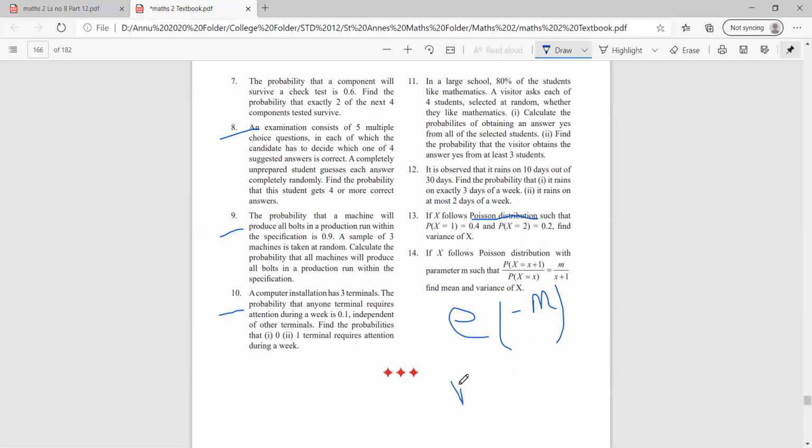Second important thing, the parameter m you have to look out for. The third hint you will get in the word problem is the word average or each or per, all representing one average word you will see in the word problem. So all these are hints which denote that the word problem is of Poisson.